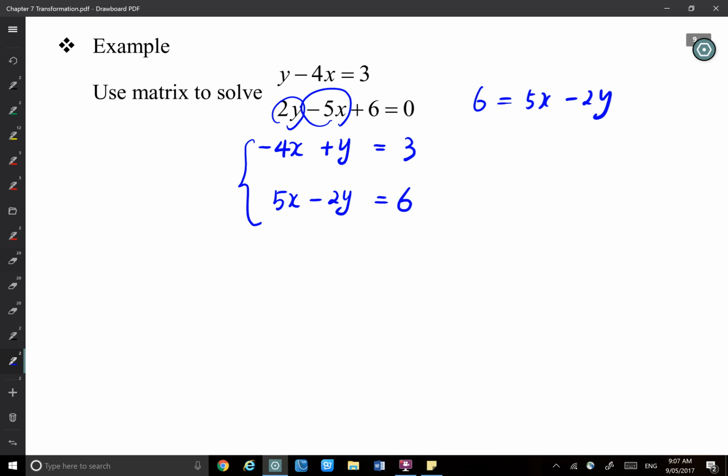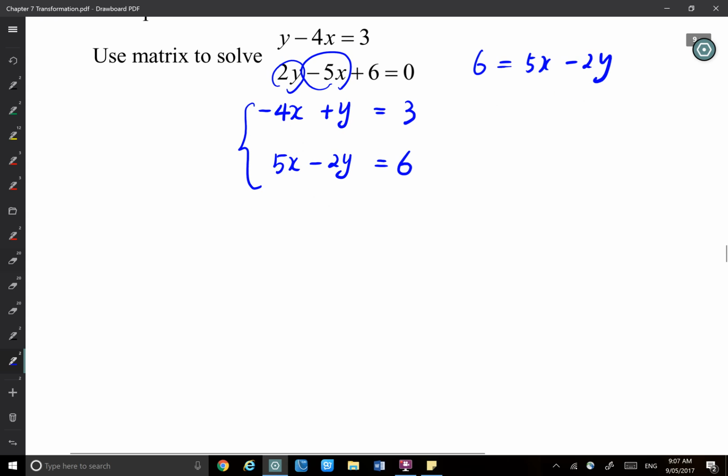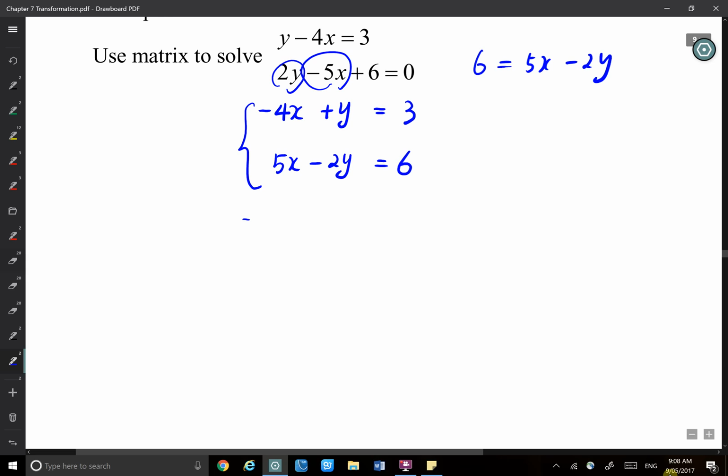Okay, so next thing I'm going to do is set up a matrix. When you write this in the correct form, I can set up a matrix. How we set it up is you write the coefficients in the corresponding places: minus 4, 1, 5, and minus 2.